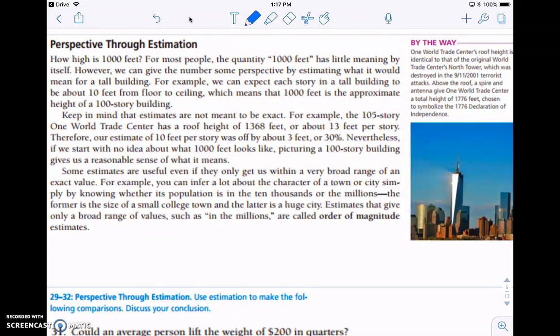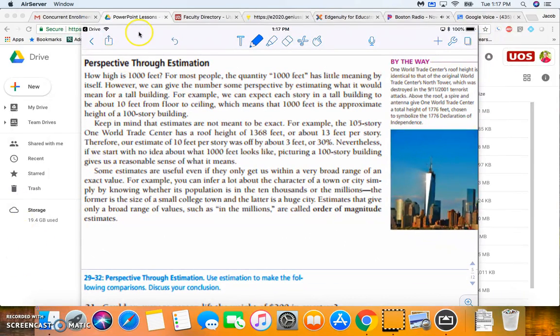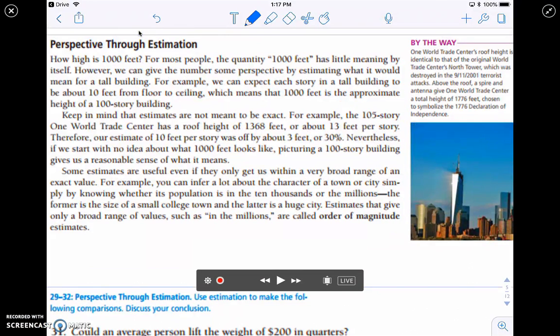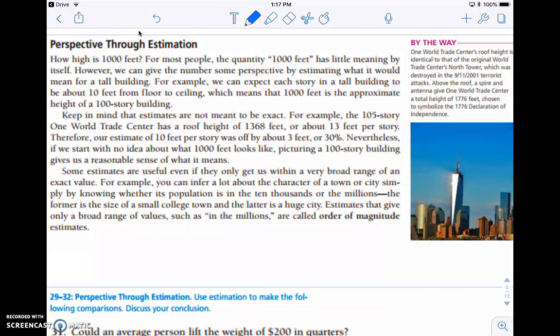Okay, next we're going to be looking at this idea of trying to put things or numbers into perspective using estimation. And so when we try and put things into perspective through estimation, sometimes you might say, well, that building is 1,000 feet tall or whatever.